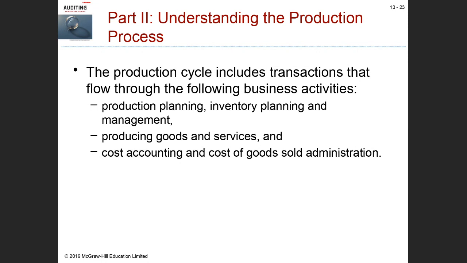So we can sort of add up all the costs that we incur during the course of the year in a manufacturing setting and allocate those costs amongst the four different components, the three inventory levels, raw materials, work in process, and finished goods, and then as well, of course, cost of goods sold to reflect the costs of goods that were actually sold during the accounting period.